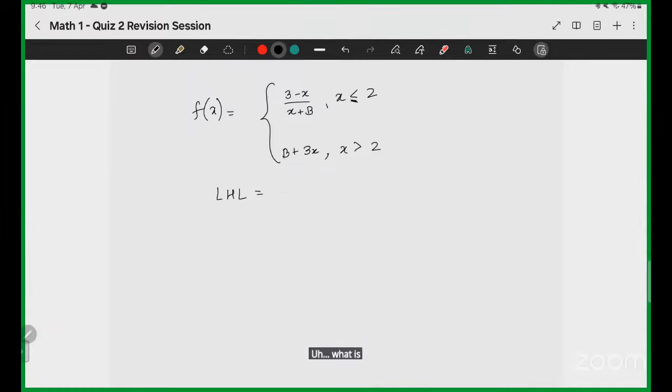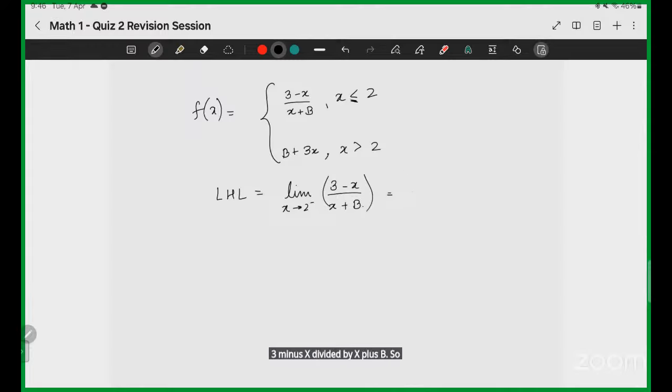What is the left-hand limit? For the left-hand limit, you see that to the left of 2, the function is defined as b minus x divided by x plus b.